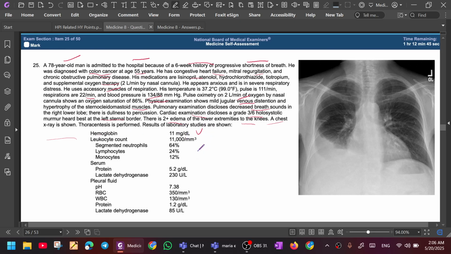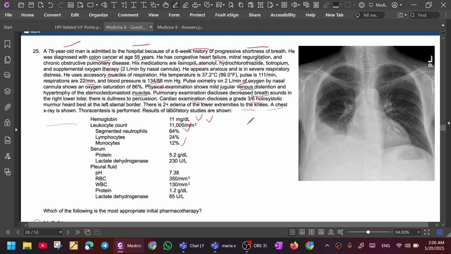Hemoglobin 11, leukocytes 11,000, segmented neutrophils 64%, lymphocytes 24%, monocytes 12%. Serum protein is 5.2, LDH is 230. Pleural fluid pH is 7.38, pleural fluid protein is 1.2, and pleural fluid LDH is 85.